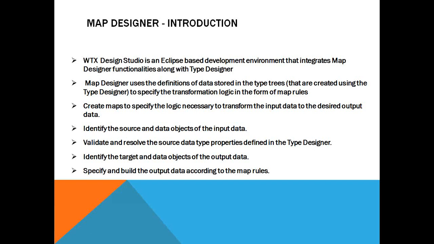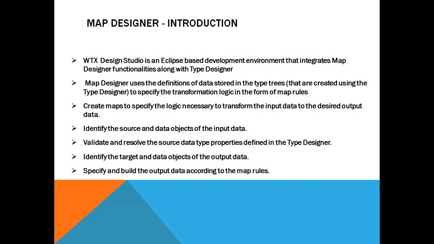Create maps to specify the logic necessary to transform the input data to the desired output data. So basically, we write the map rules in order to do the transformation. Next, identify the source and data objects of the input data. Once you select the type tree, you have to select the type of your message data.